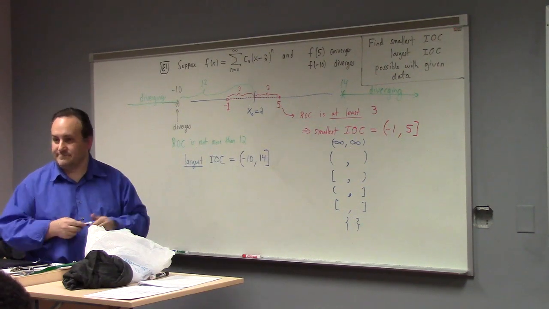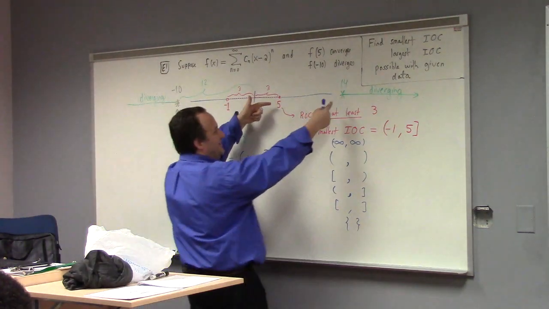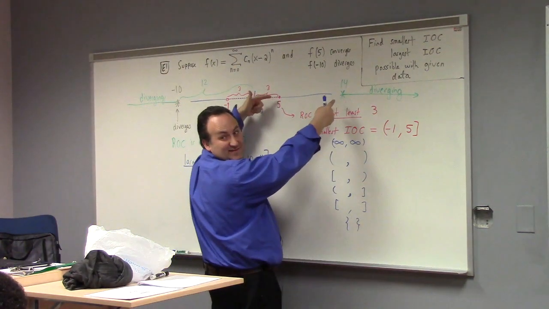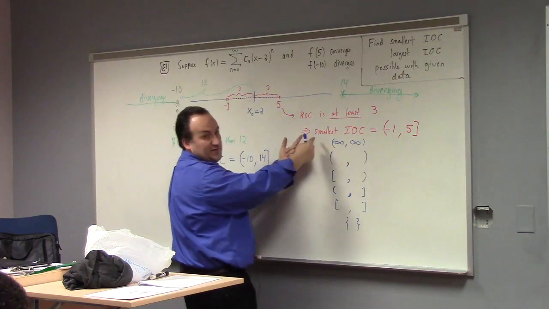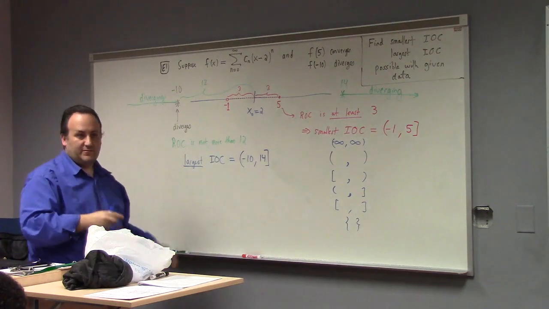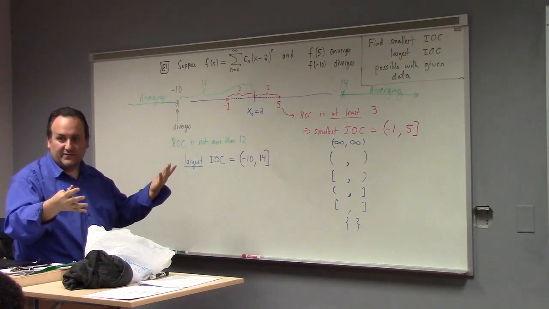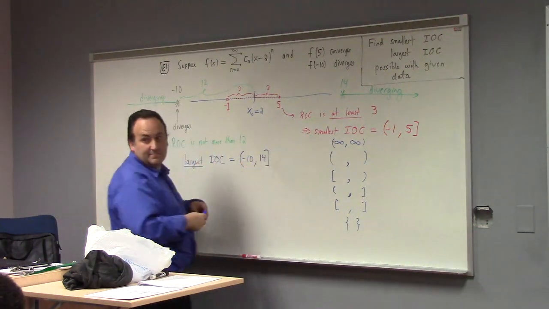It also might not, right? Just like it also might not happen that all of this might diverge as well, right? In principle, you could lose all of these points because the smallest IOC is this. It's just a what if question. So possible intervals of convergence with the given data are anything between these two extremes.